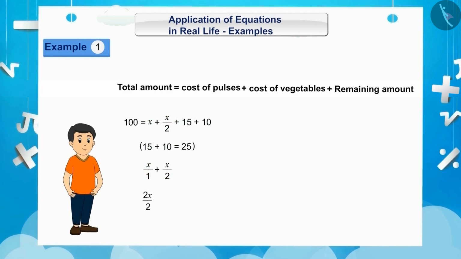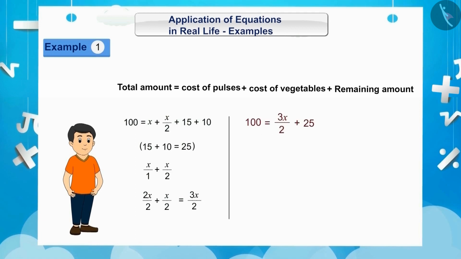Now, we can easily add 2X by 2 and X by 2. Taking X as common, we will get 3X by 2. So, our equation will be 100 is equal to 3X by 2 plus 25.